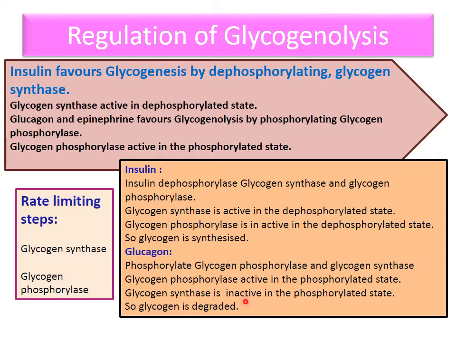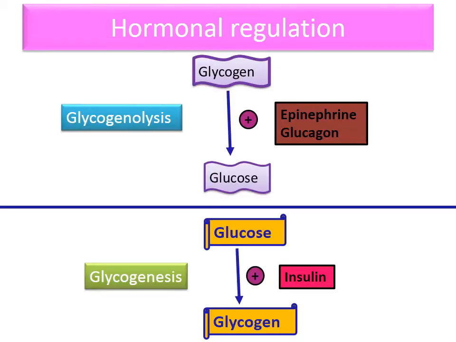So glycogen synthase becomes inactive by glucagon, whereas glycogen phosphorylase is active in the presence of glucagon. Glycogenolysis is activated by glucagon and glycogenesis is activated by insulin. The rate limiting enzymes in these are glycogen synthase and glycogen phosphorylase.